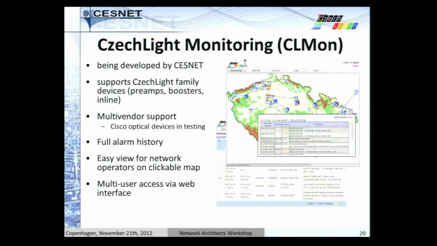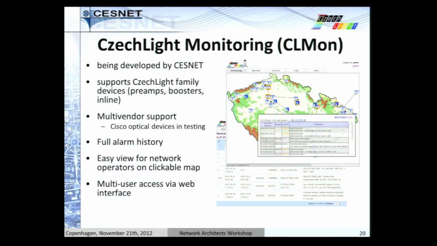Here you can see how it looks. It's being developed in CESNET. Still, it's being developed. It supports CzechLight family devices. We are working on multi-vendor support. We are working concretely on Cisco equipment, which we have in our network.